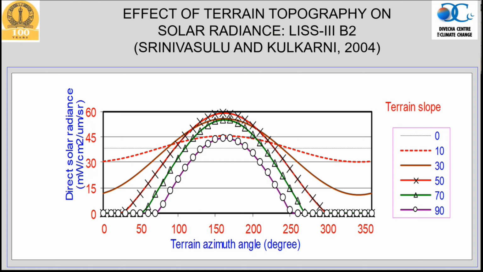When it comes to incoming solar radiation, it is a function of the geometry between sun and earth, and the geometry keeps changing with reference to the slope and orientation of the terrain. So direct incoming solar radiation, you can see here, is a function of terrain azimuth angle.